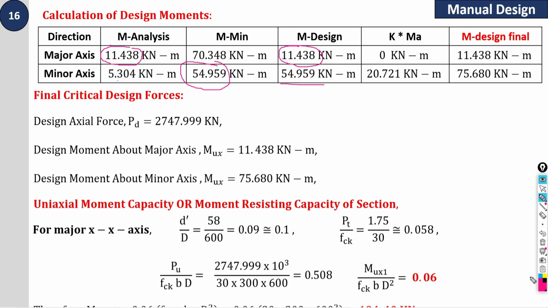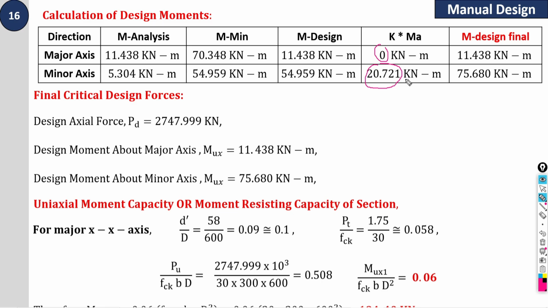You will say that sir, I will take both as maximum. That is also okay, but your design is going to become too heavy. That's why our code and experts recommend considering one directional minimum eccentricity only, in a situation where minimum eccentricity in both directions is higher.